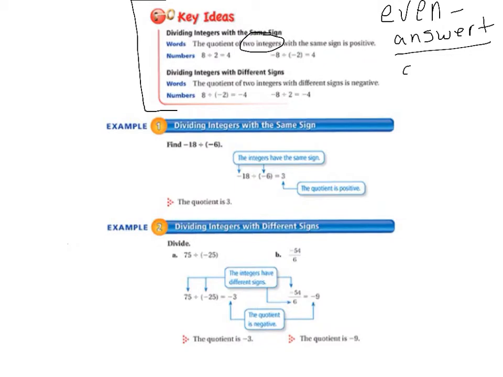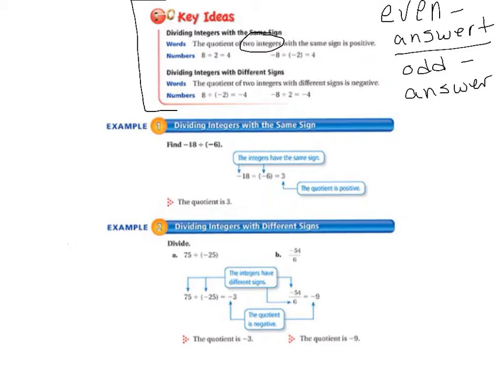If you have an odd number of negative signs, your answer is going to be negative. So this is just like multiplying integers, where you divide exactly the same way you normally would, and then you count up your negative signs. If it's even, your answer is positive. If it's odd, your answer is negative.